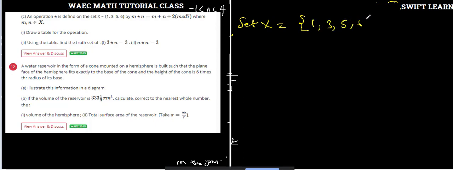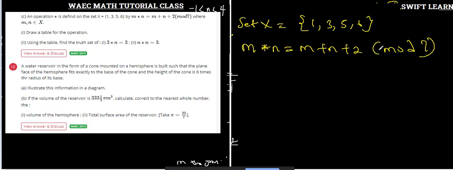If M operation N is M plus N plus 2 modulus 7. See that they're trying to combine the binary operation you did in further math with modulus here. They said what is M and N if M and N is an element of X. This means an element of, like a Greek sign.